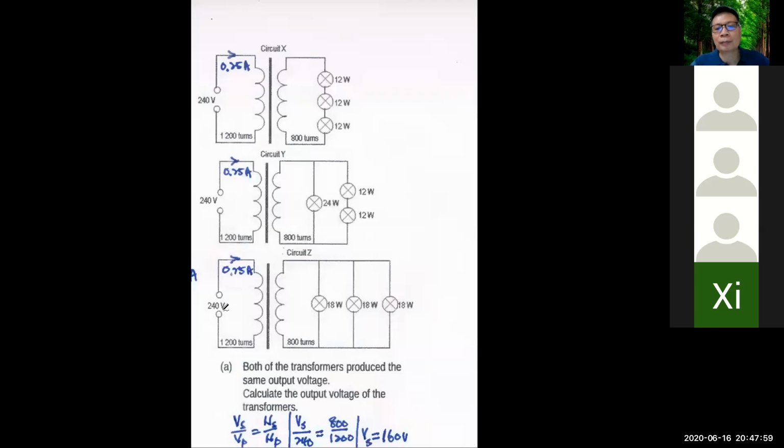Okay, this one, input here 60 watt, output 18, 18, 18, add up. You don't care whether parallel or series, you add up. Power is like that, not the voltage. So when you add up, you get 54. I think this is the best lah. Because input 60 watt, your output here, you add up, is 54. So it's quite good, you know, okay?